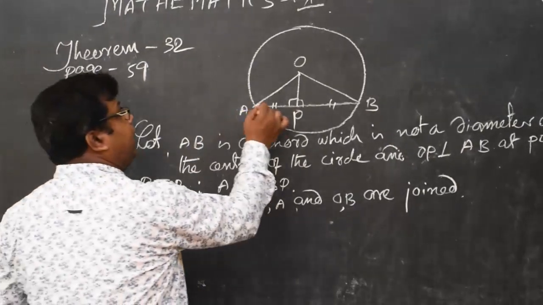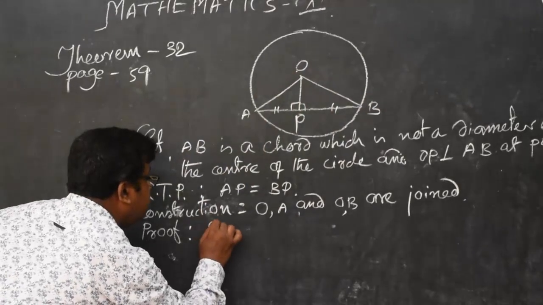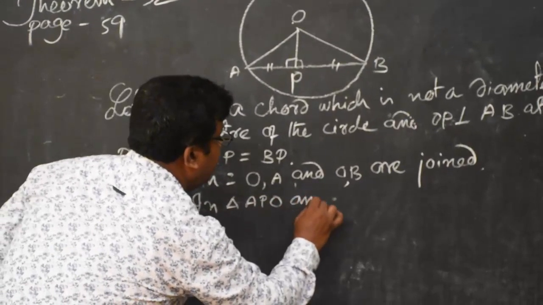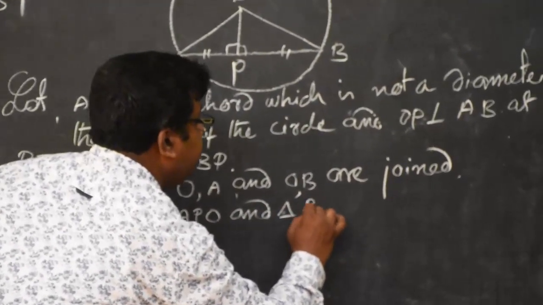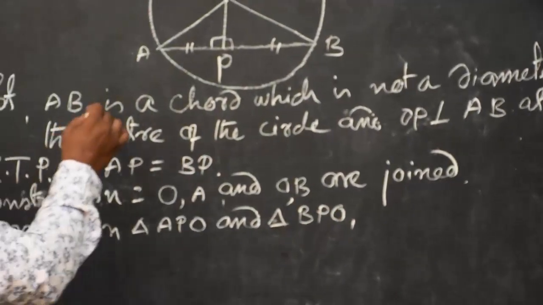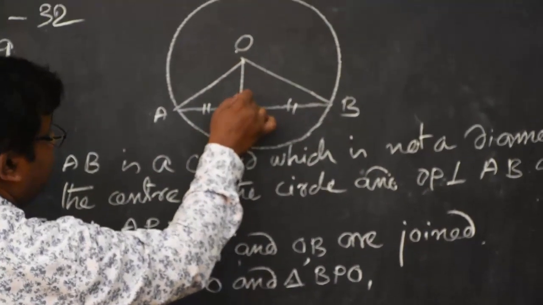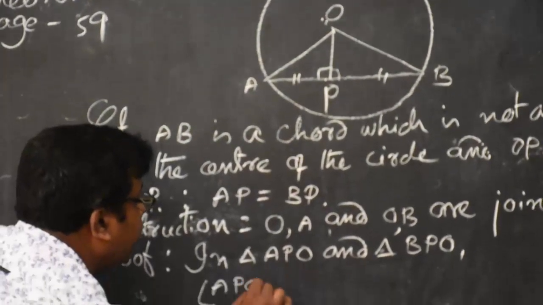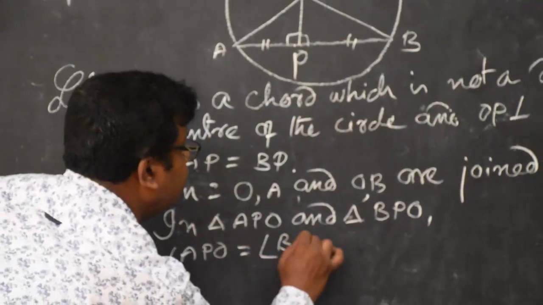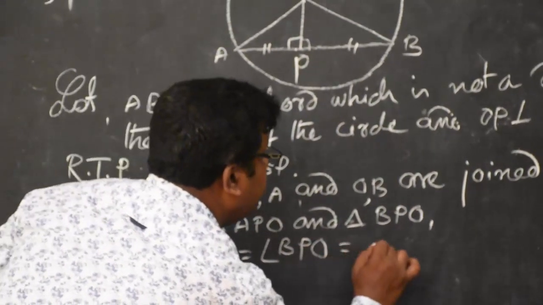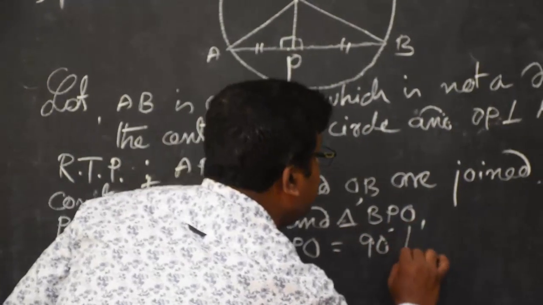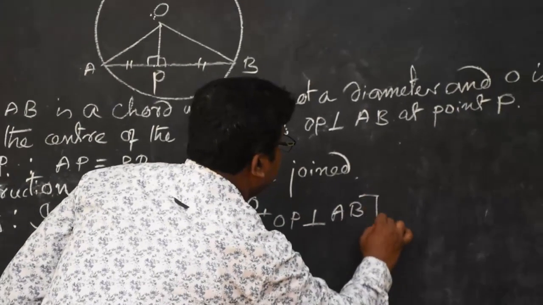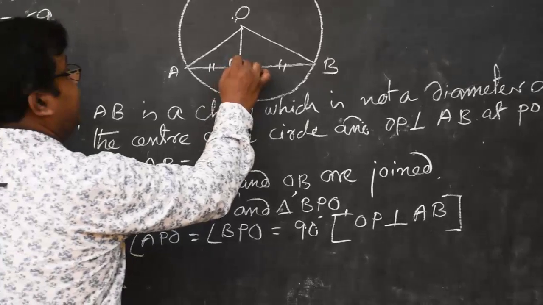Proof: in triangle APO and triangle BPO, angle APO is equal to angle BPO. Why? Because each of them is 90 degrees. Why 90 degrees? Because OP is perpendicular on AB. So this angle equals this angle.